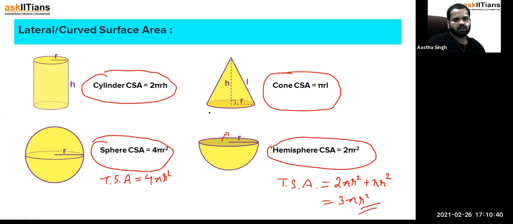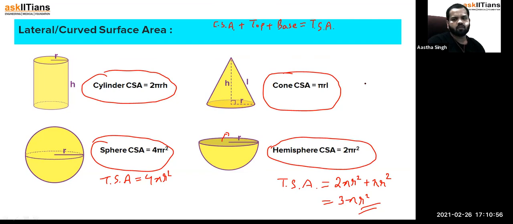And let me tell you one thing. If you know the CSA, just add the top area plus your base area, and you will get the total surface area, right?